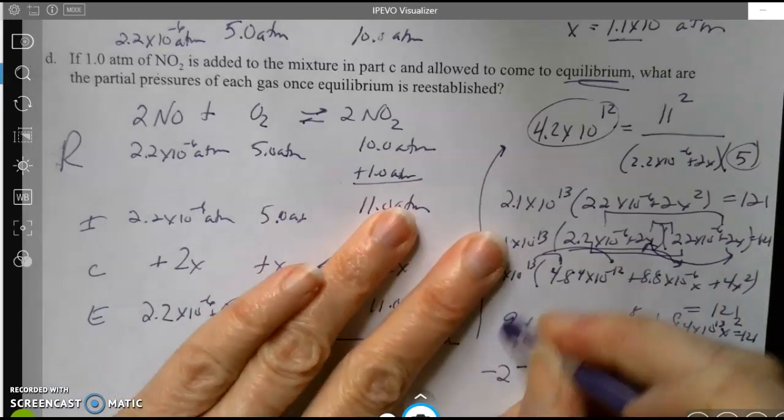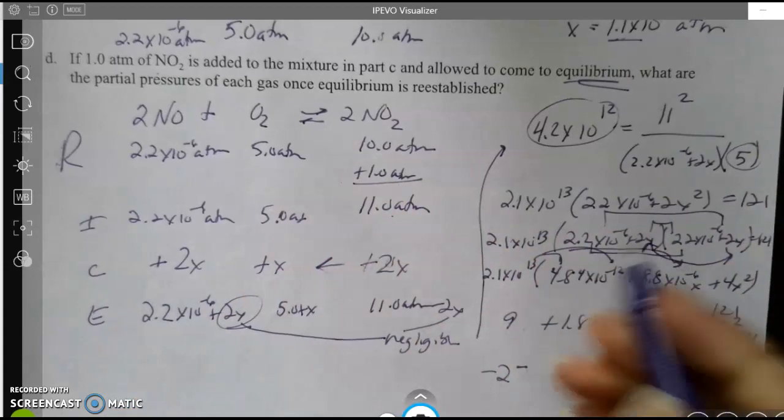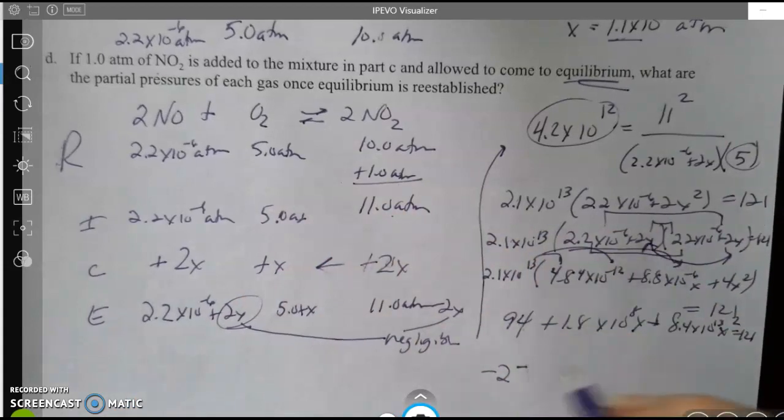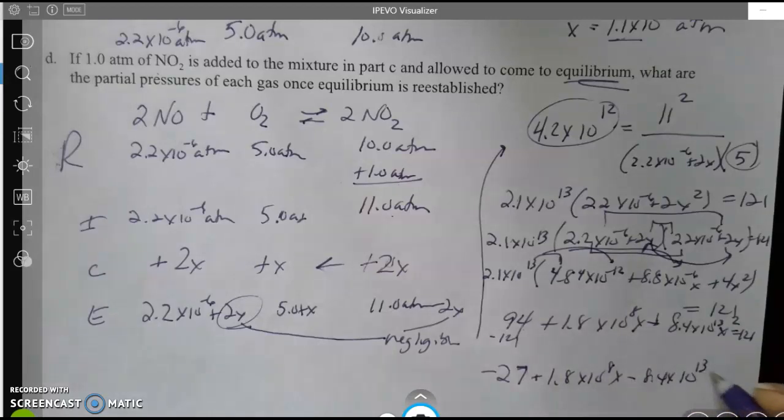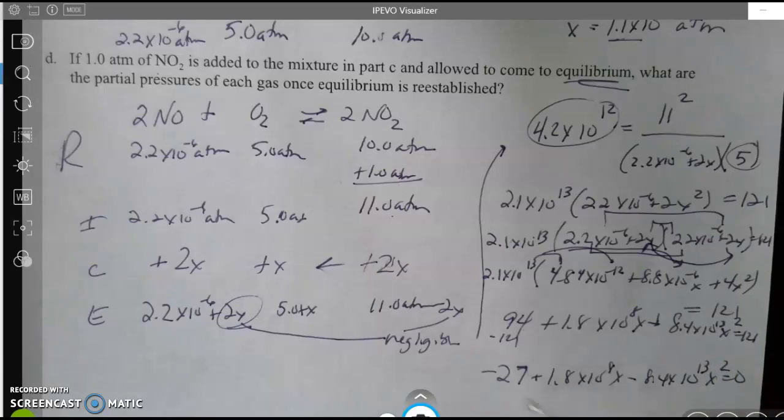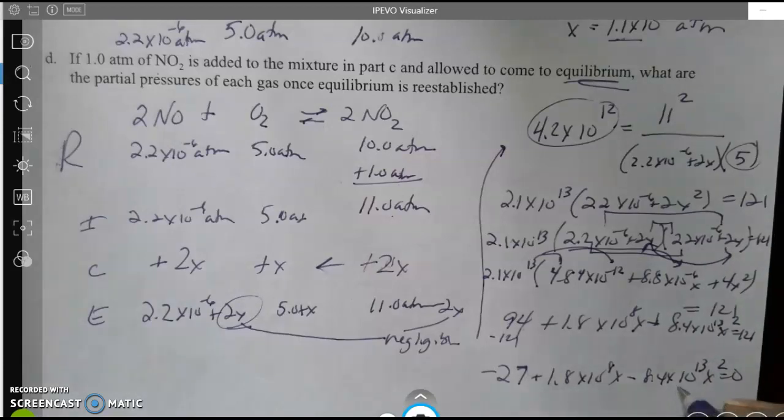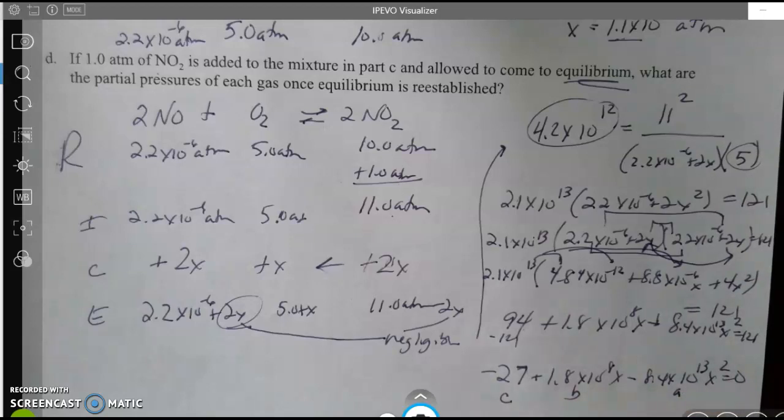Sorry, that's 94, not 9.4. So if I subtract the 121 from that, I'm getting negative 27 plus 1.8 times 10 to the 8th x minus 8.4 times 10 to the 13th x squared equals 0. So again, you're plugging your a, b, c values into your quadratic formula app, and taking just the positive, 1.6 times 10 to the negative 7th atm.